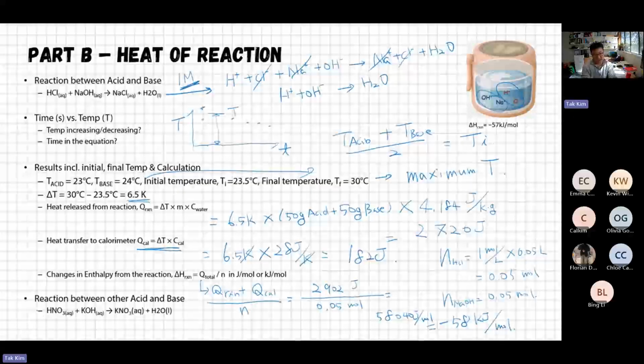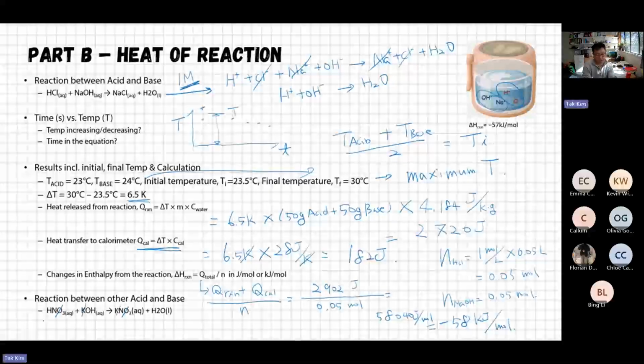And this is just extra information. You can have a look. Assuming you have exactly the same amount of different types of acid and base, when you finish the reaction, the energy and the change in enthalpy should be similar because the other ions will be spectators, right?